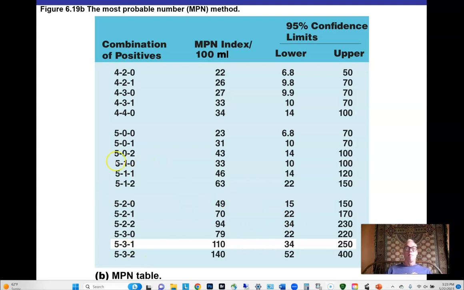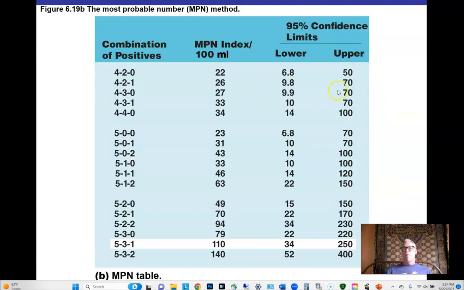So here are some of the patterns of combinations in those 3 sets of tubes, and this is showing us how many cells per 100 mils were probably present in the original. It's kind of an interesting thing. It's just a good method that can handle a pretty broad range of bacterial concentrations and give a fairly accurate estimate very, very quickly. Just set it up, stick it in the incubator, next day, got our number.